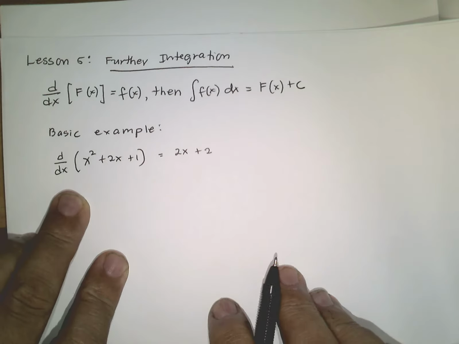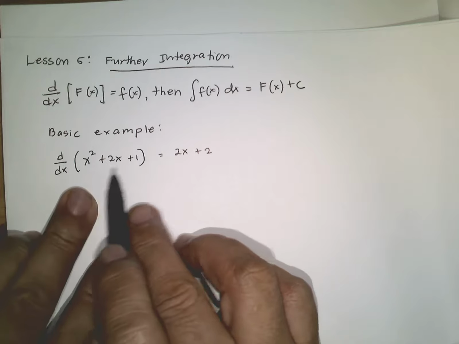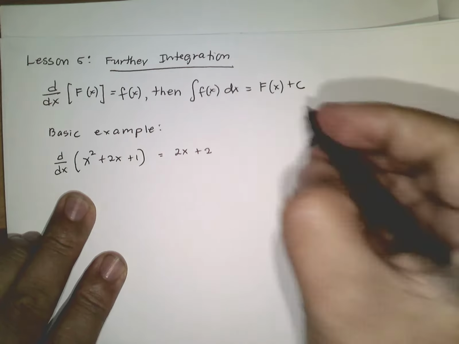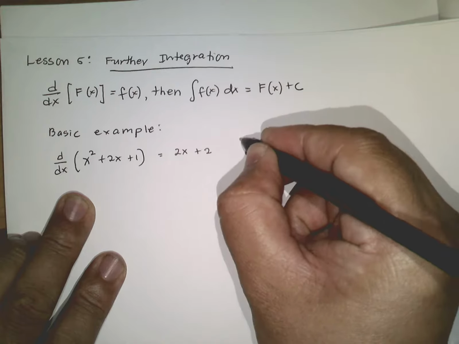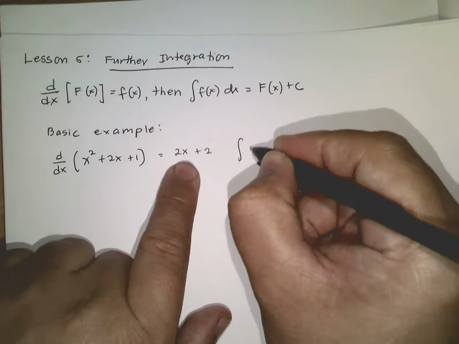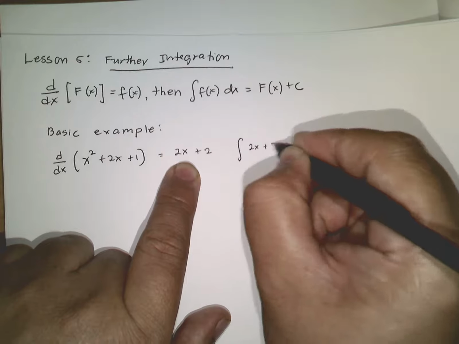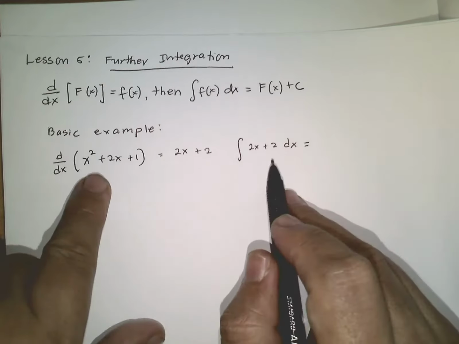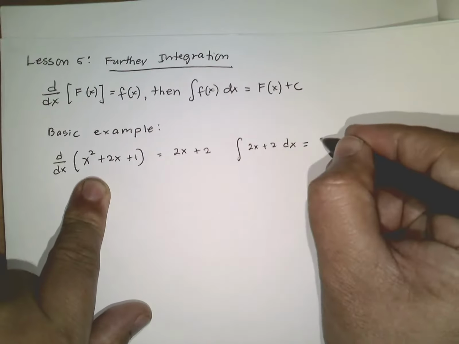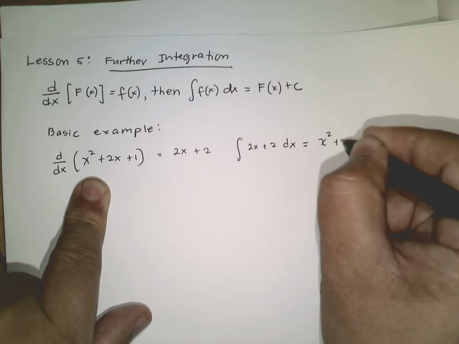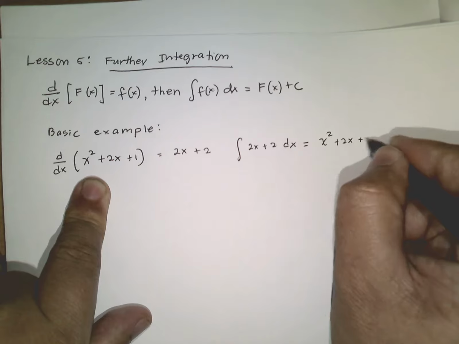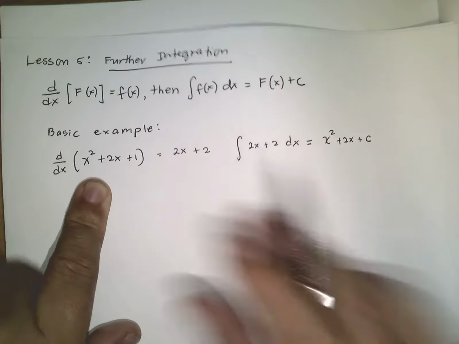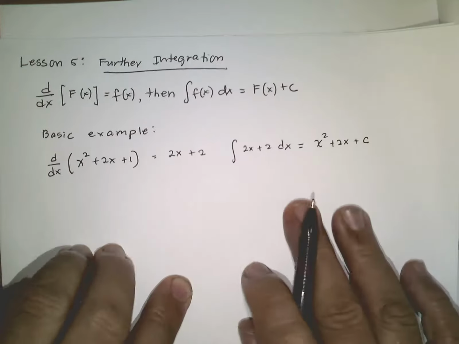Now, if the derivative of this one is this, what we have said before is that the opposite of that, the integral of the function 2x plus 2 with respect to x, must be equal to x squared plus 2x plus some number c. And in this question, it's actually 1. So what's the implication of this?